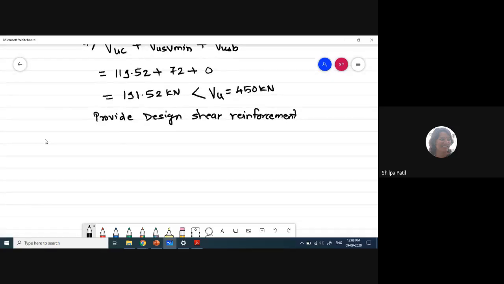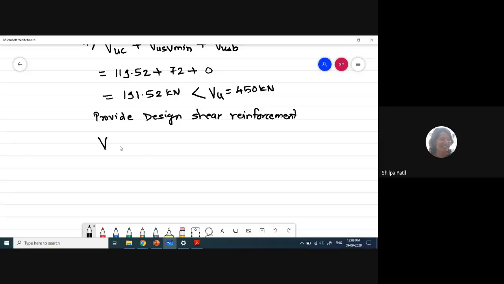Now, for how much force we have to design? Obviously, this is already present there because of whatever concrete we are providing in the beam, whatever tensile reinforcement we are providing in the beam. Because of that, this force will get resisted by the beam itself. Whatever is the actual force minus this force, for that remaining force we have to provide the additional shear reinforcement in the form of stirrups. So let us calculate that force.